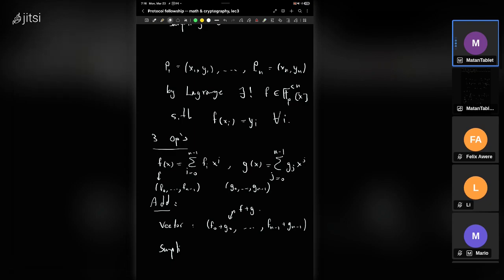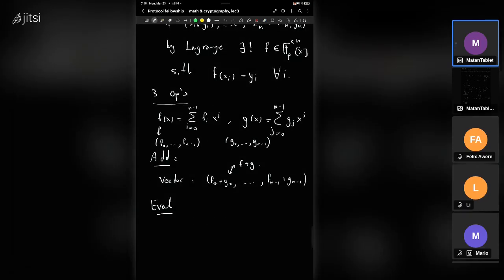Let's just do all the operations. So we have addition, we have evaluation. In the vector representation, I can write f of x as, this is called the Horner rule, I think.